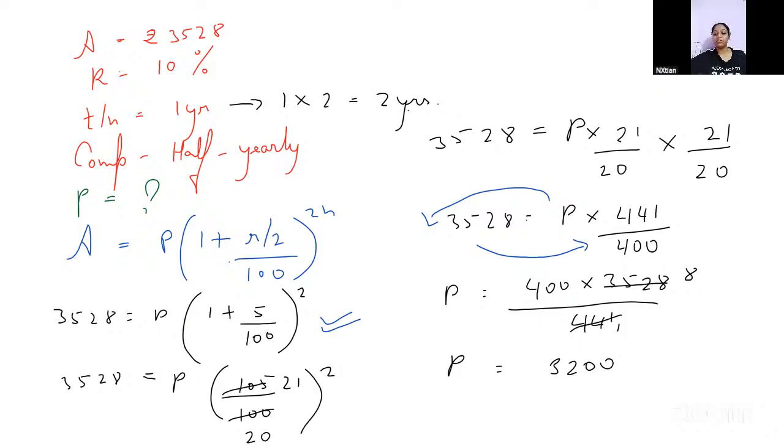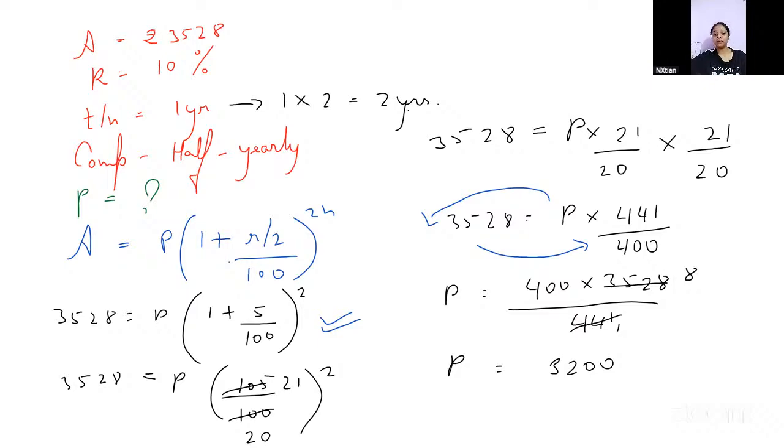So 3528 goes below, that is 441 by 400 into 3528. But because when we are bringing one value here and the reciprocal of the fraction takes place to solve it, because 400 into 3528 will become a bigger value, we need to do the reciprocal to divide.